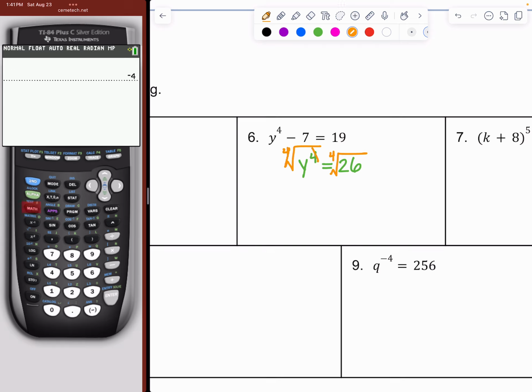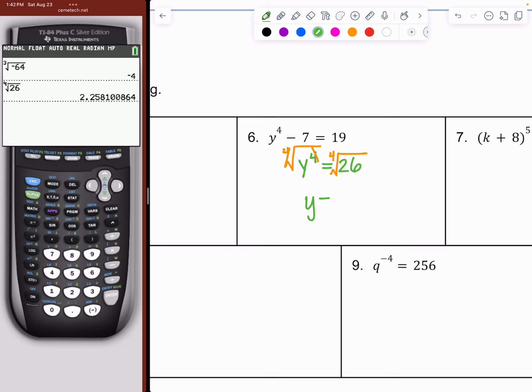If I click math, you notice you don't see the 4th root. However, you do see on number 5, you see an x root. So if you click that button, it will give you a blank so you can just type in what root you want to take. And then we put 26. And as you can see here, we get a decimal. So you could round it, however, I'm just going to leave it as the unrounded answer.